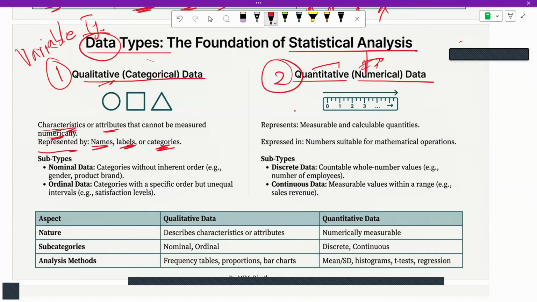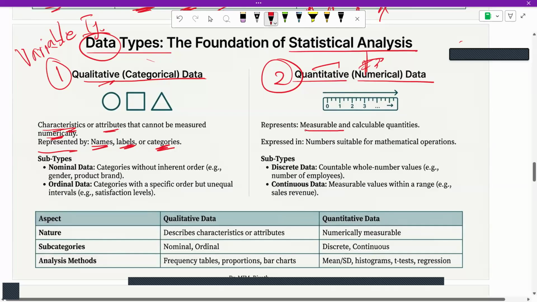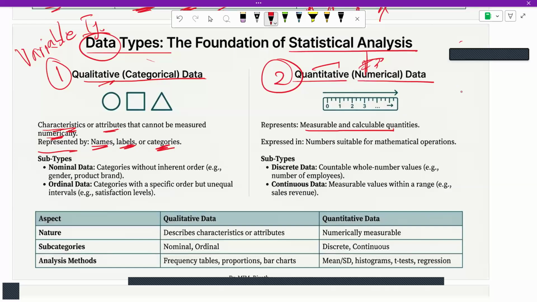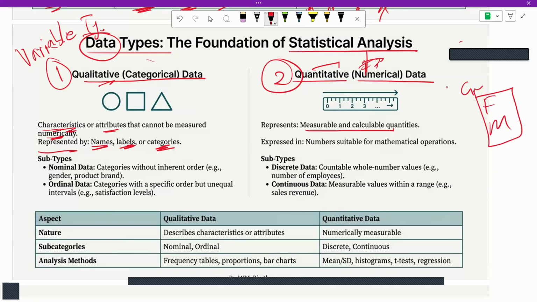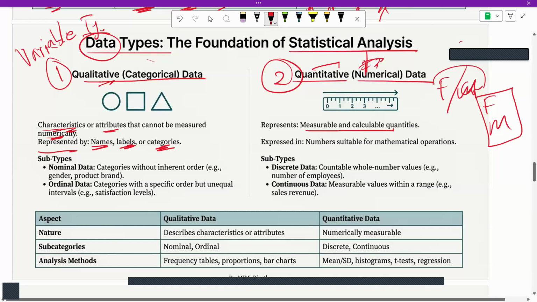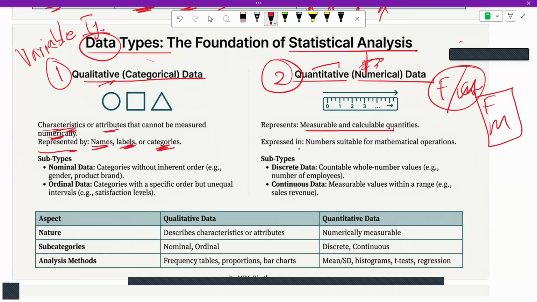For example, we can count the gender, how many female, how many male. We can count, but can we do some calculations, right? Female divided by male? Average gender? We can't do this kind of calculation, right?